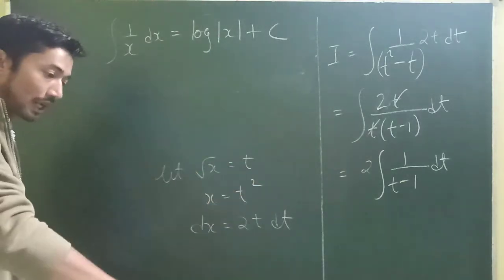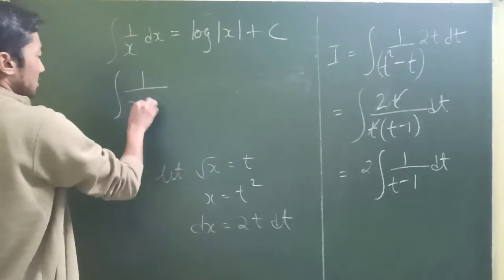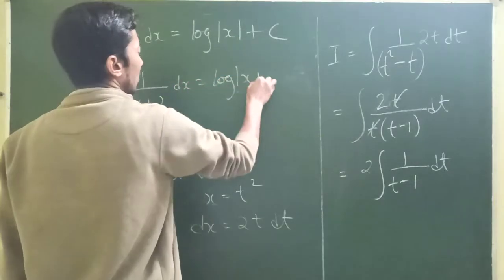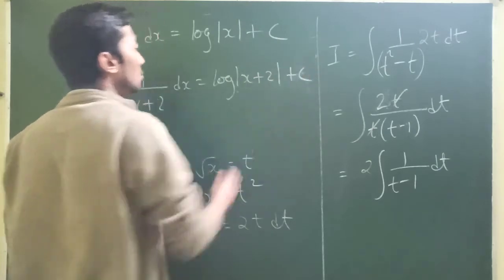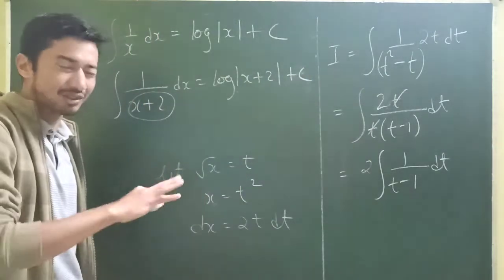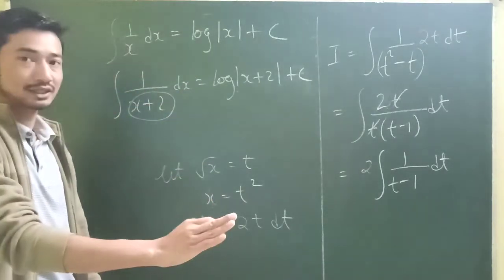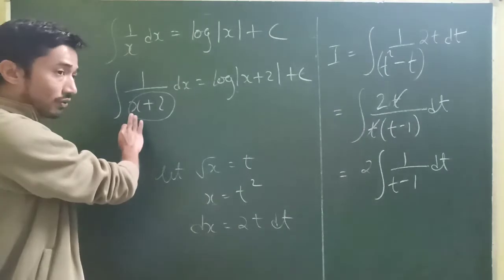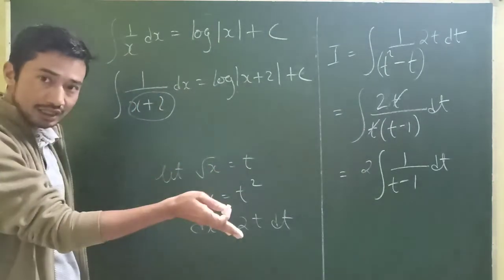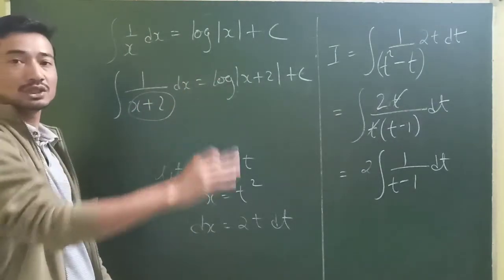This you can apply in any kind of formulas. x plus 2 also. You can write log of (x plus 2) plus c. No problem with that. You can just assume this as x also or t also, as long as the variable is a linear term and it is free of any coefficients.